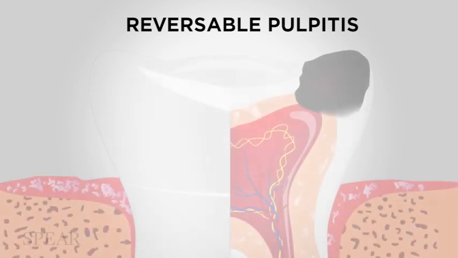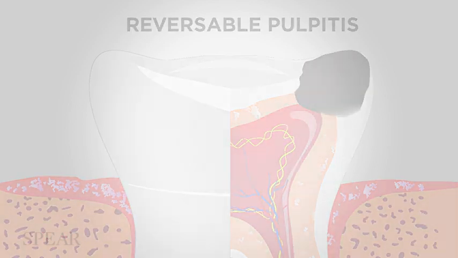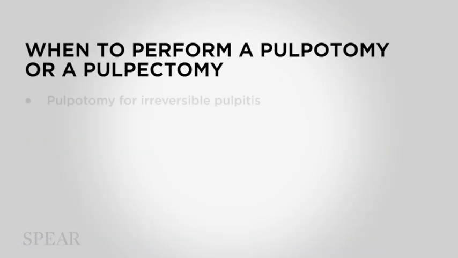Or in cases in which let's say you have a patient that has deep decay, it has signs of reversible pulpitis, but it's kind of borderline deep. So you decide to just remove the decay and see what you can do, and you end up getting into the pulp because the decay was just so massively large. In those cases, a pulpotomy will suffice because the radicular pulp, the pulp that's beyond the orifice of the canal, beyond the CEJ, is still not inflamed. And in those cases, a pulpotomy will suffice.